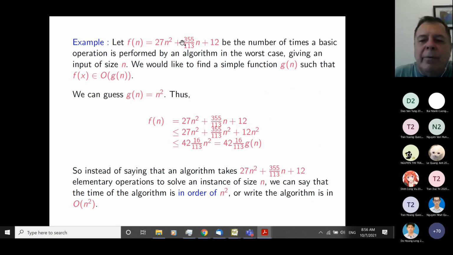So here what we do is calculate that constant in front of n squared. We simply add all the constants of this expression together, and then we put this in front of n squared. Any constant in front of n squared that is bigger than 12 also makes this term bigger than this one.